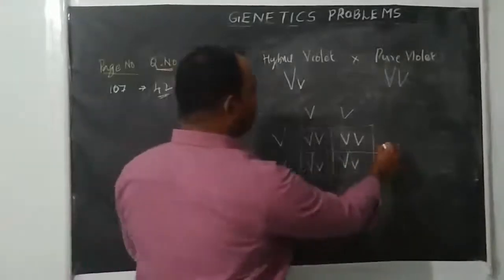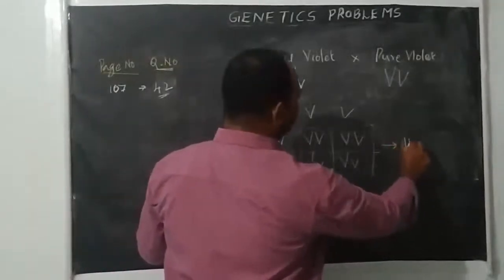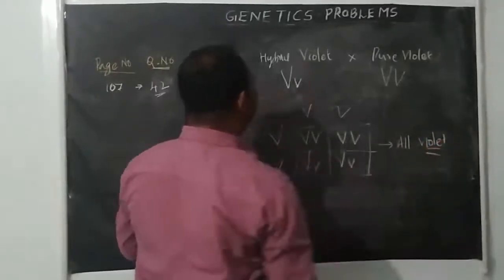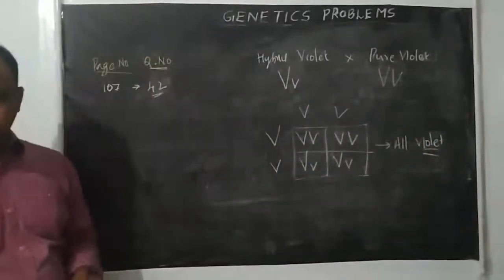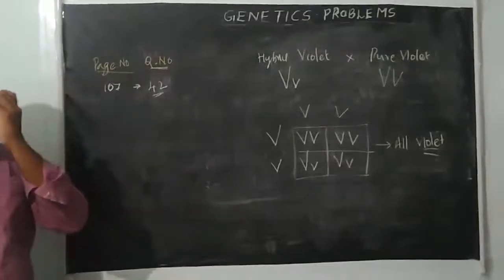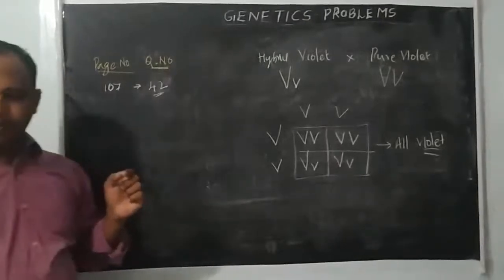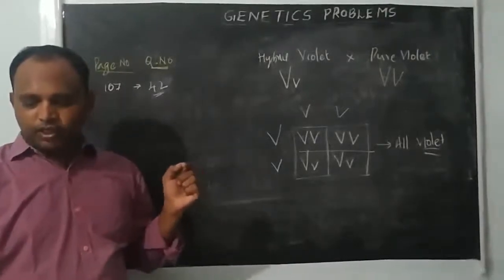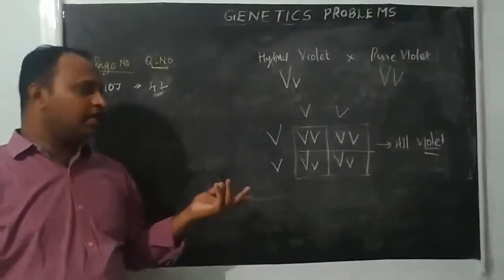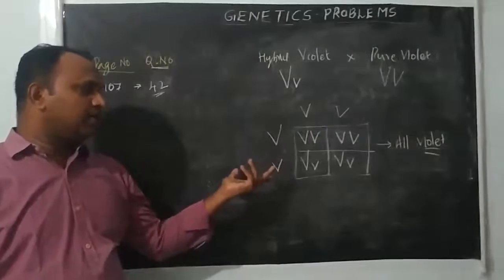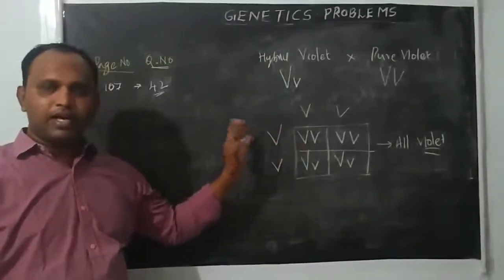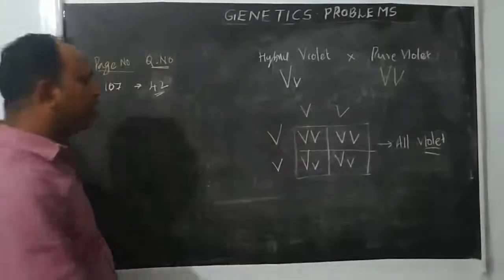And all plants will look violet. Right? I read the question: if a hybrid violet flower plant was crossed with a pure violet plant, the progeny will show what? There is no chance of getting white color flower here. We will get only violet color flower alone, right?